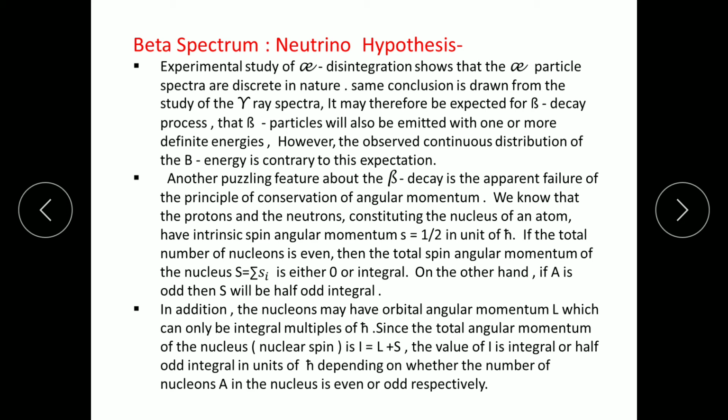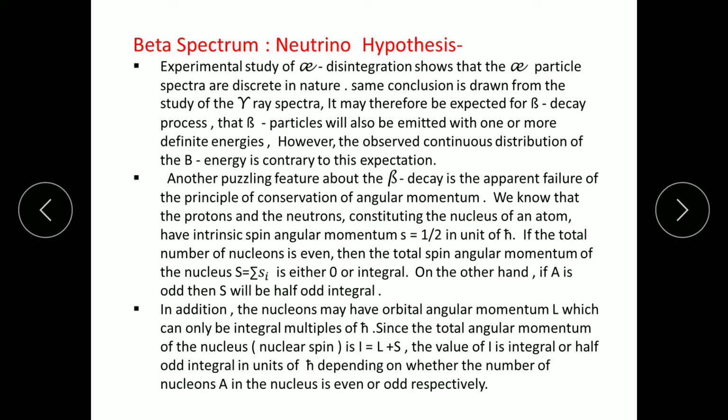Means we can expect that the beta decay spectrum may also occur in the form of discrete states or discrete nature. But when we studied the beta spectra, we see that the beta spectra is in a continuous distribution.